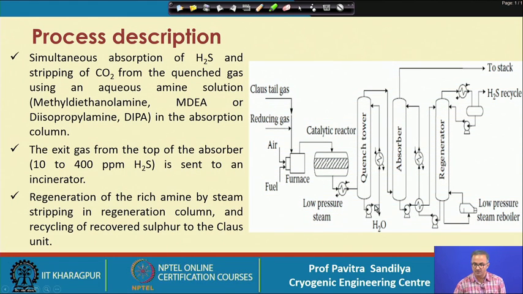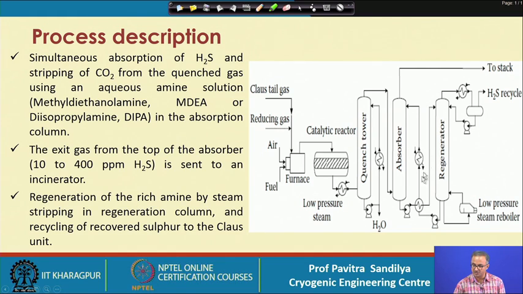After this, the gas is sent to the absorber. In the absorber we are using some kind of amine to take out the carbon dioxide and the H2S, and the exit gas from the top of the absorber contains about 10 to 400 ppm of H2S, which is sent to the incinerator. The rich amine is regenerated by steam stripping in the regeneration column.